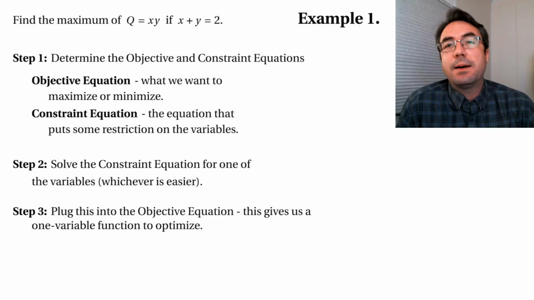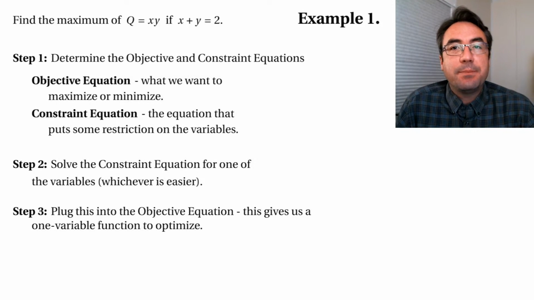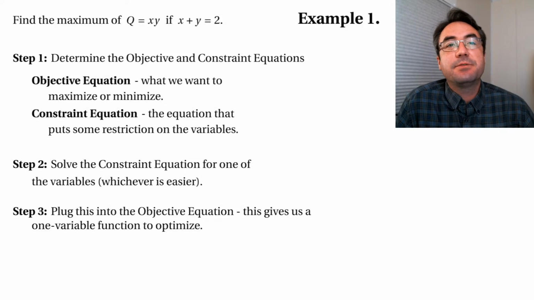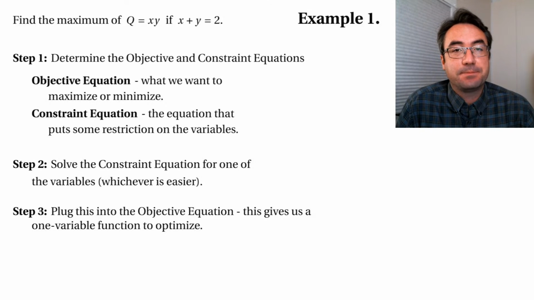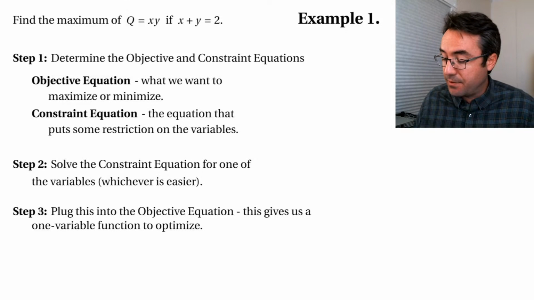And so for these problems, the first step in figuring out where function q has a maximum or minimum is to determine which equation is the objective and which one is the constraint. The objective equation is the thing we want to maximize or minimize. So here we want to maximize function q. We want to find the maximum value of that expression, that function.